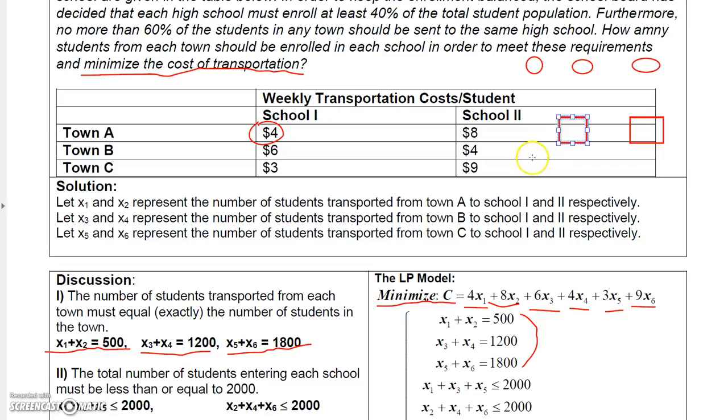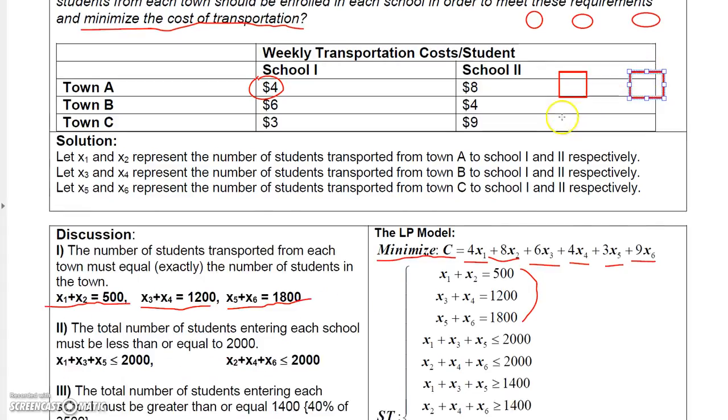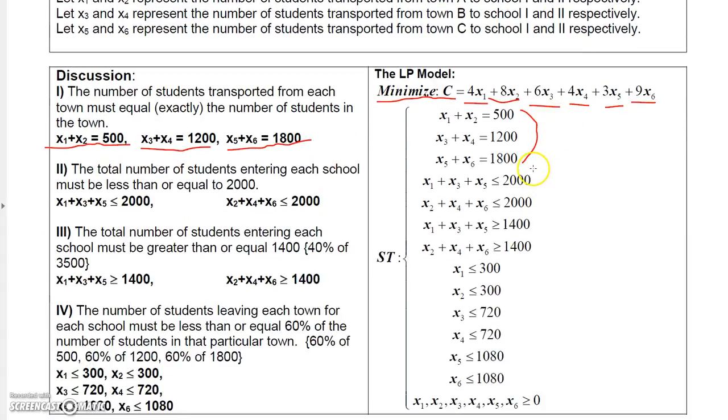So x1 plus x3 plus x5 must be less than or equal to 2,000. But the students coming into school 2 would be the ones from town A, which is x2, from town B, which is x4, and from town C, which is x6. So not only does x1 plus x3 plus x5 have to be less than or equal to 2,000, so does x2 plus x4 plus x6.